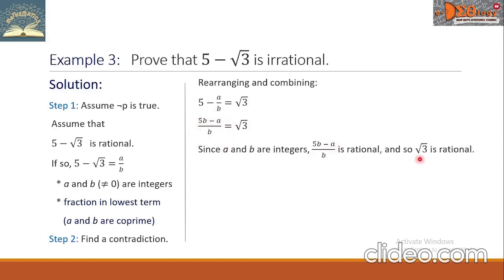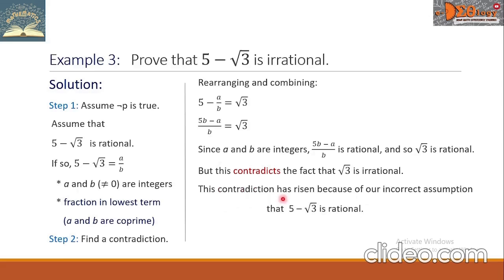But the square root of 3 is irrational. This contradicts the fact that the square root of 3 is irrational. This contradiction has arisen because of our incorrect assumption that 5 minus the square root of 3 is rational. So, we conclude that 5 minus the square root of 3 is irrational.